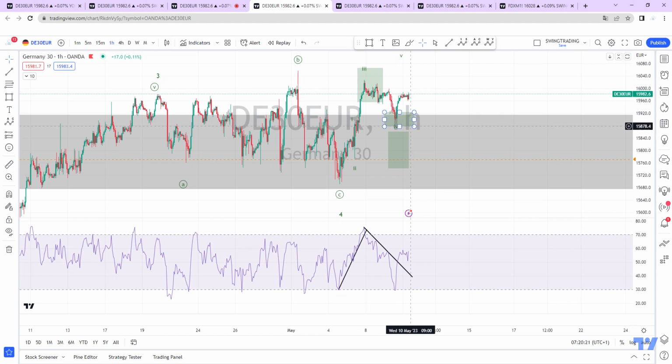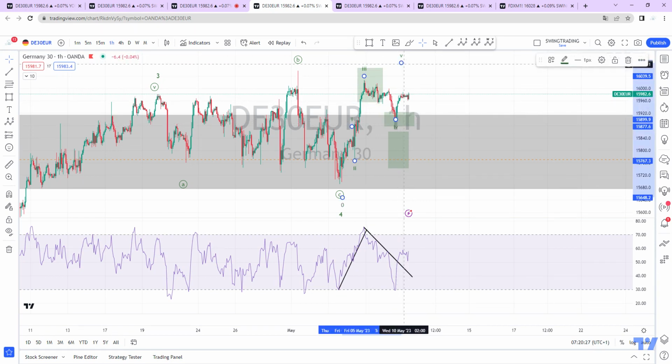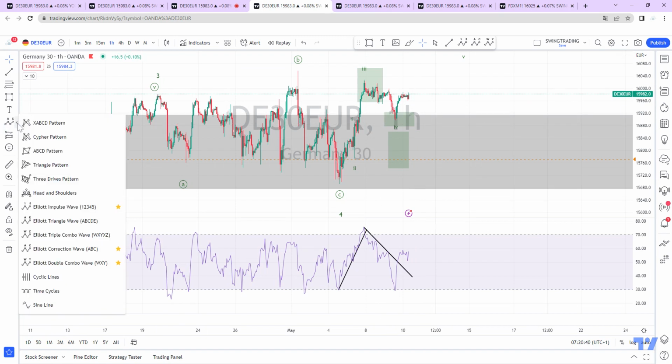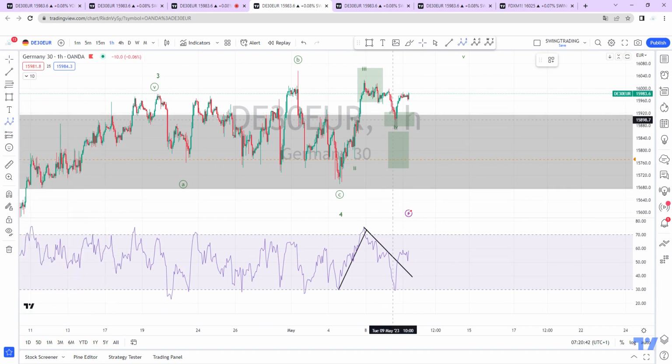Of course, the wave 4 can also be in, meaning this is the low of wave 4, and we start from here with wave 5. If this is the case, we should see something like this: 1, 2, 3, 4, 5.